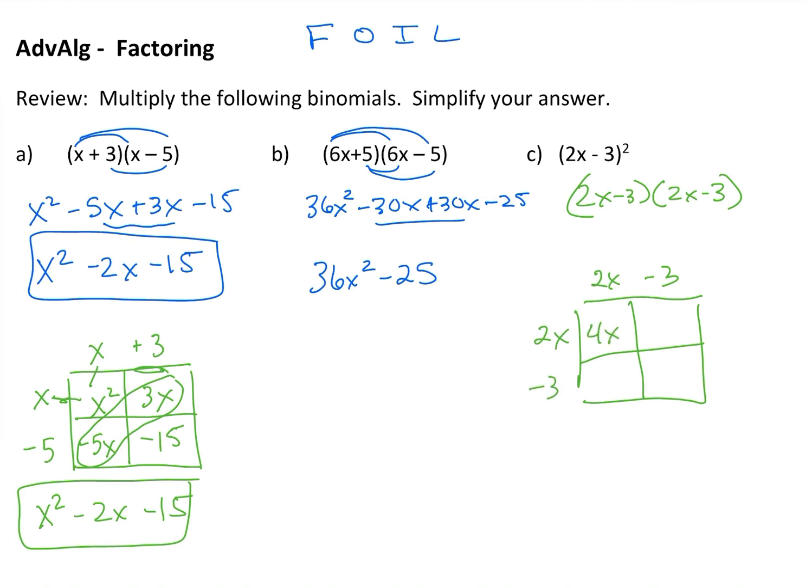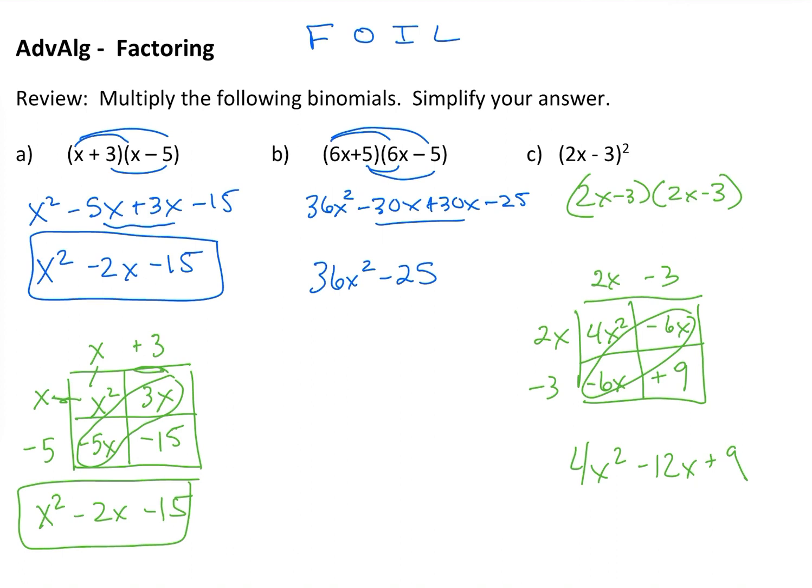So 2x times 2x gives me a 4x squared. 2x times negative 3 is a negative 6x. Again, 2x times negative 3 is a negative 6x. And negative 3 times negative 3 is positive 9. These terms will combine together. I'll start with my 4x squared minus 12x plus 9. Those middle terms did not cancel out this time.